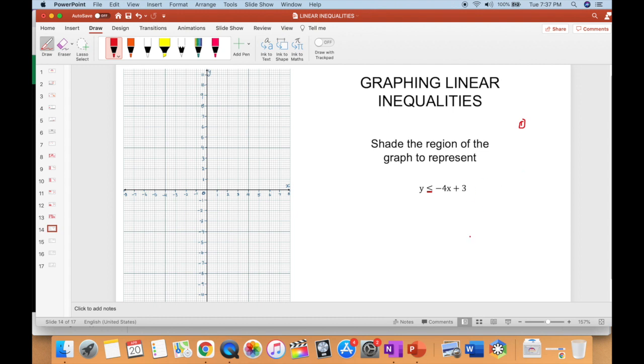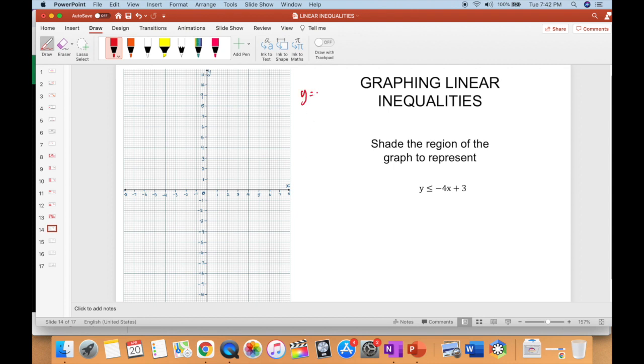So actually draw the line. And then step 2 is to test the regions to see if they work or they don't work. And then you can know which side to shade, right? So 5 minutes.